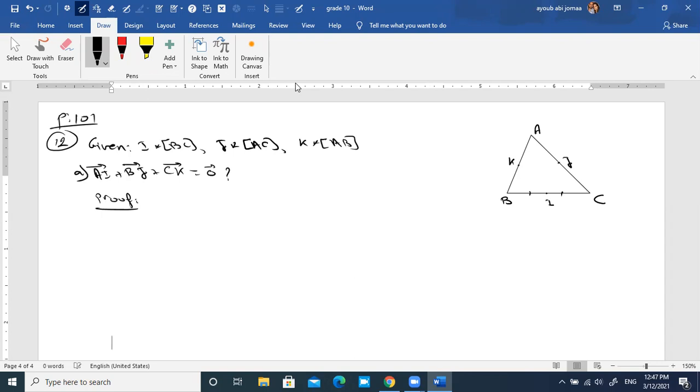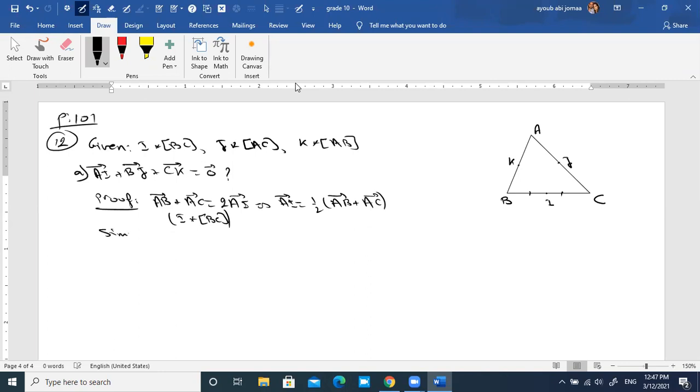Because I is the midpoint of BC, we have AB plus AC equal to 2AI, and then AI is equal to half of (AB plus AC), between brackets, since I is the midpoint of BC. And for BJ, it's half BA plus half BC.